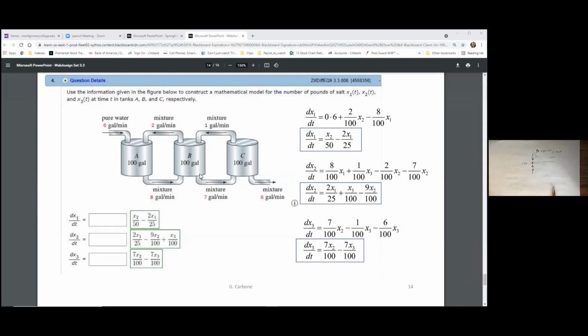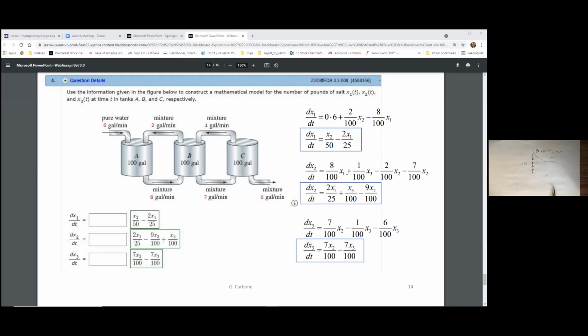And then let's see, what else is going in? We're also getting 1 gallon going in here. And then the 2 gallons are going out, but they're going out of B. And then we have 7 gallons coming out from B into C. So this is what's going out, and this is what's going in.